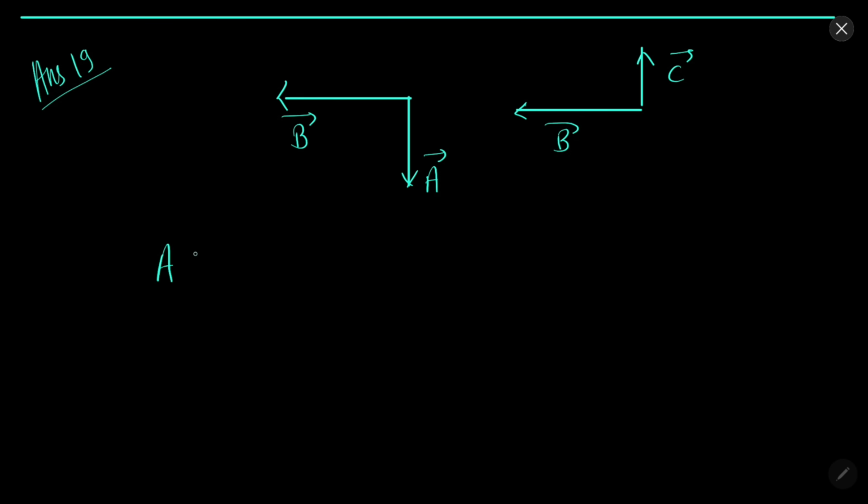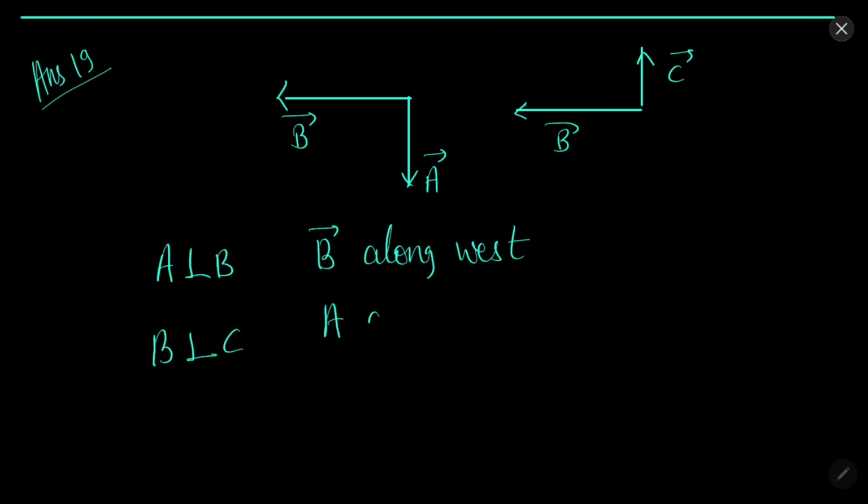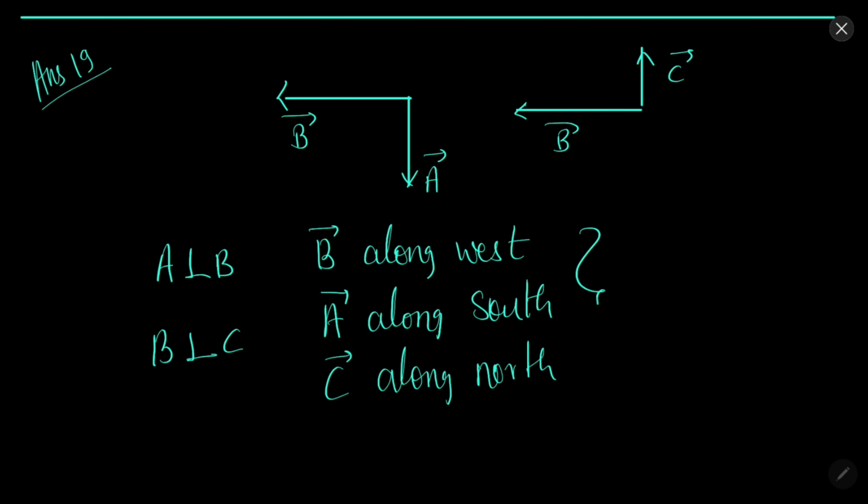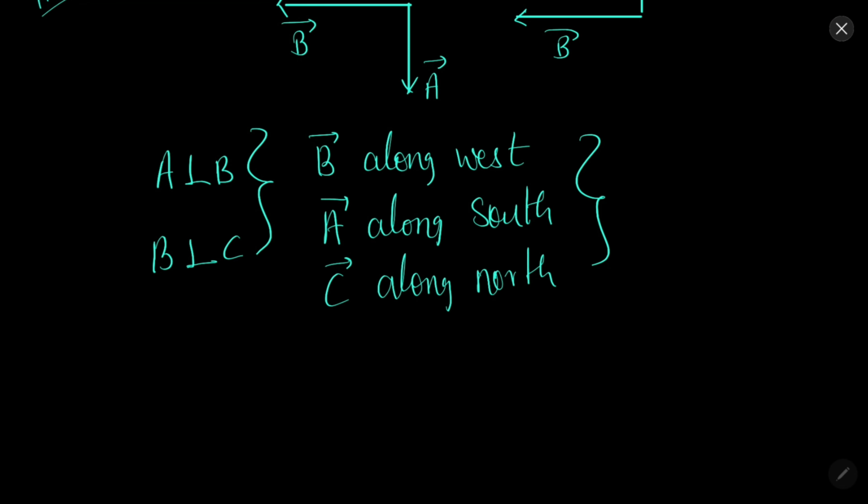So what will happen? A is perpendicular to B, B is perpendicular to C. B is along west, A is along south, C is along north. So these two things we know.